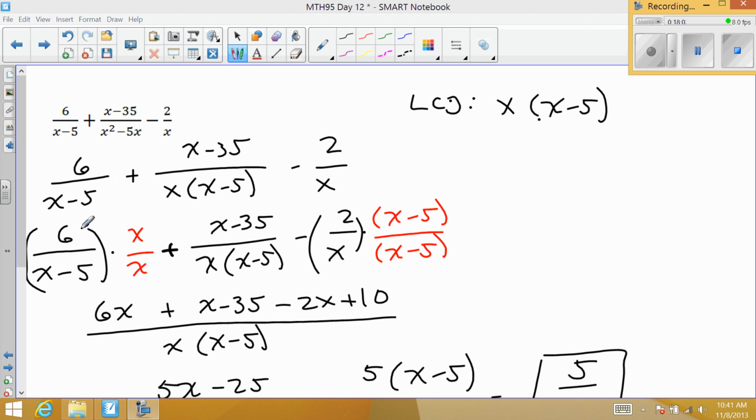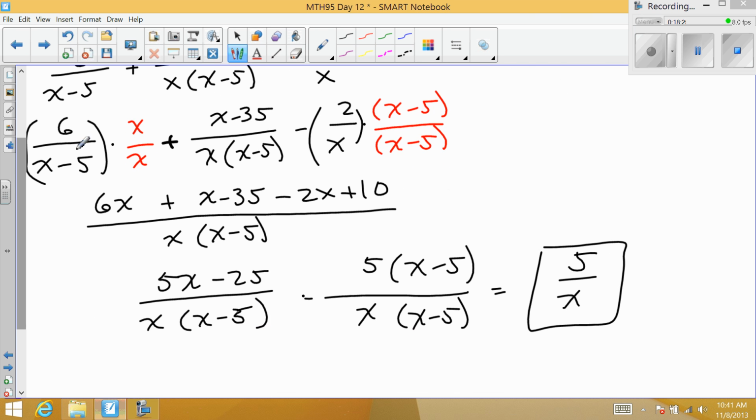So the first term was missing the extra x, so you multiply it by x over x. The second rational expression already had the LCD as its denominator, so we didn't have to mess with that. And then the third one needed the x subtract 5, which, again, we have to put in both the numerator and denominator, because what we're doing really is multiplying by 1 and reducing the fraction.